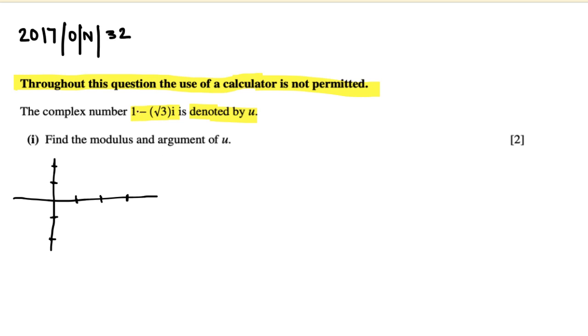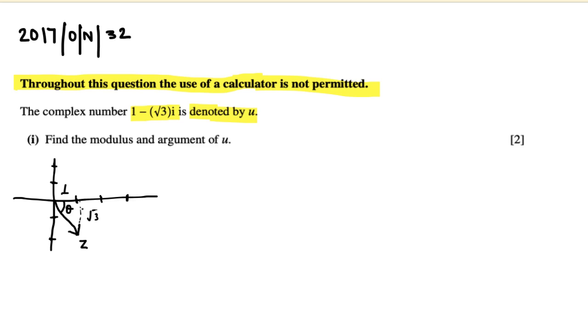So this complex number is 1 comma negative 1.7, so this would be roughly somewhere over here. Now this is my z, or you can say u. So now if you see, this height is root 3 and this distance is 1, and this angle is the argument of this complex number.